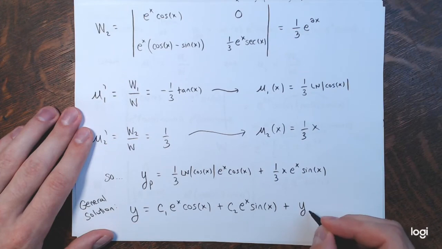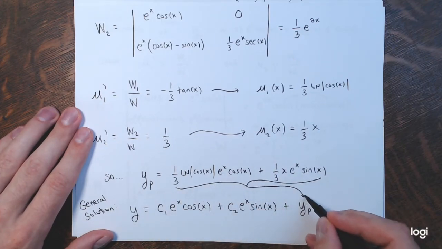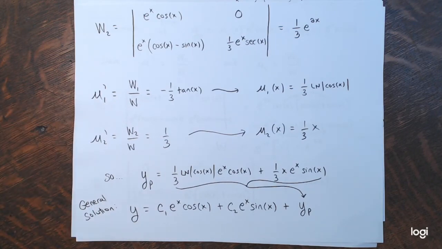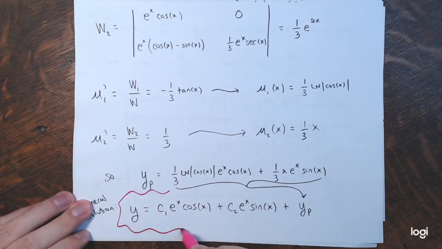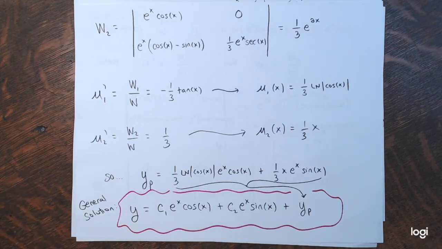I'll just put yp. Okay, so write all this right there. Alright, and this is for any constant. Again, you can verify this by taking the first derivative, taking the second derivative, and substituting into the equation, and it should make the equation true, right? Should end up being a true statement.